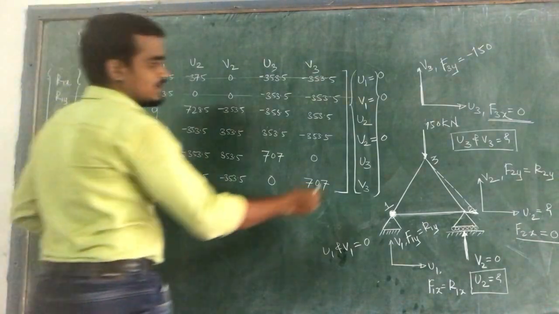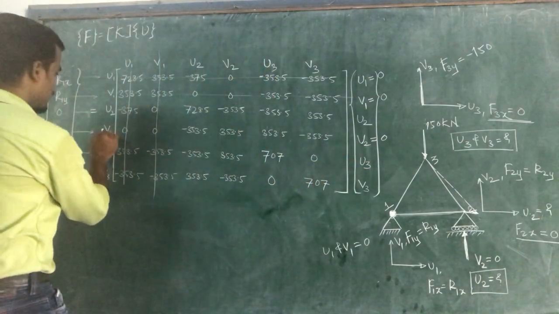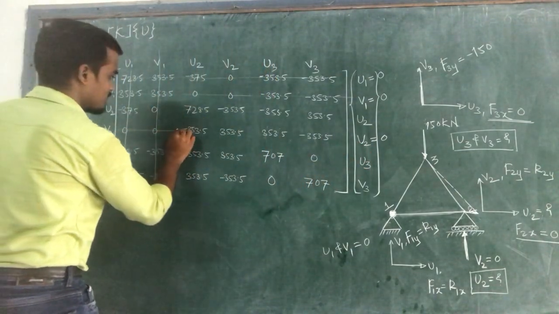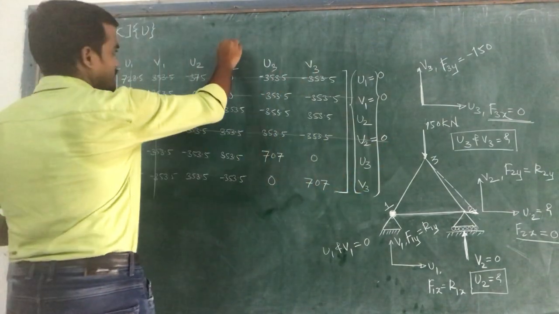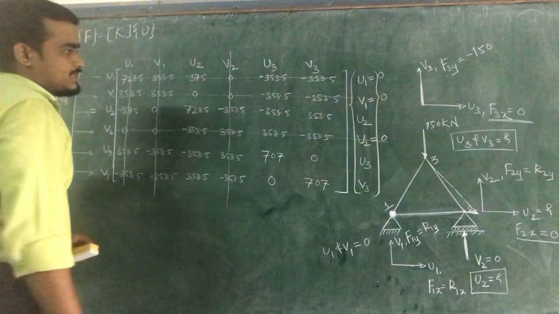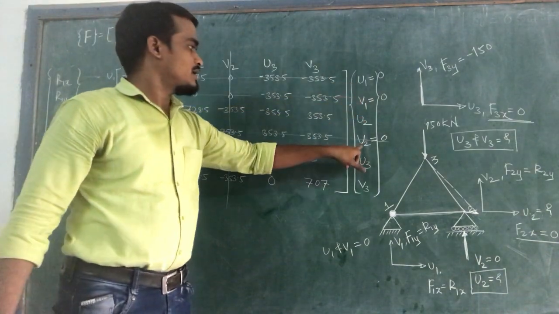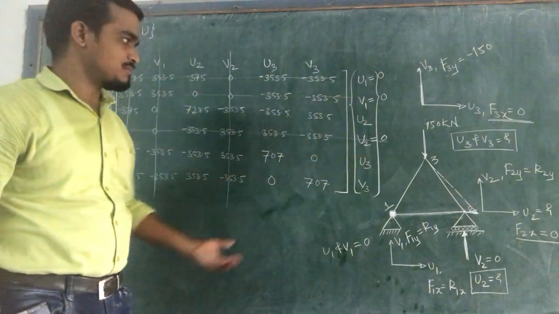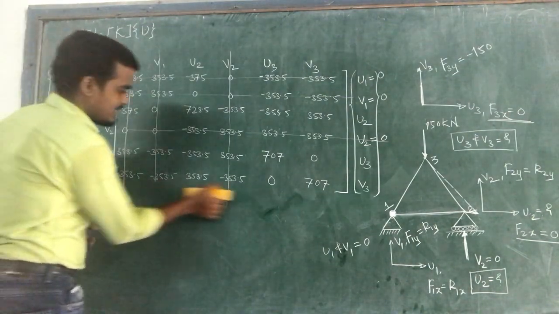Next is what? v2 is equal to 0. So eliminate v2 row and v2 column. So this is your v2 row and v2 column. Okay. So in this way we have eliminated u1, v1 and v2 rows as well as columns. Now the remaining equations we will write here.